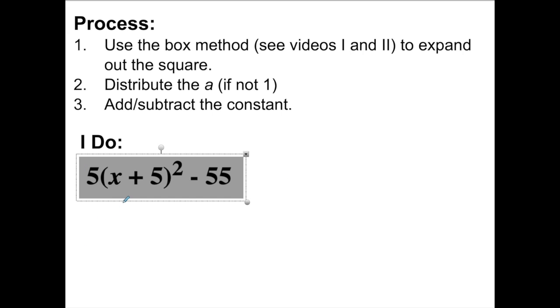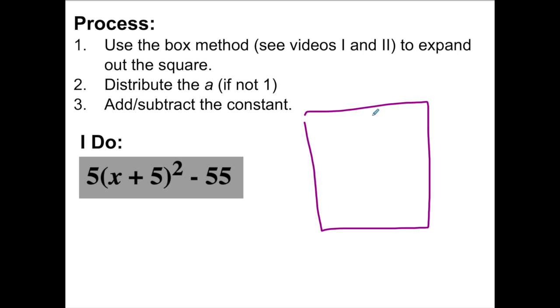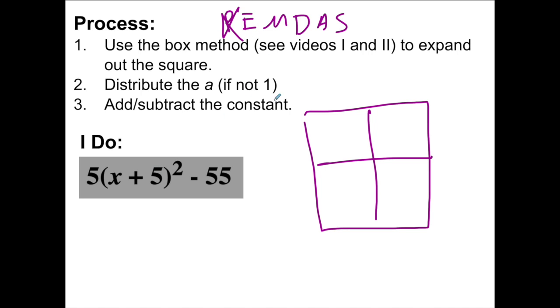Okay. Now I'm going to do one where it's a little bit more spicy. So here we have an a. So first, if this was me and I'm doing this out, remember the idea of boxing remains the same. Think about your PEMDAS. First, remember we're not thinking about the parentheses. So first we would be doing the exponents, right?